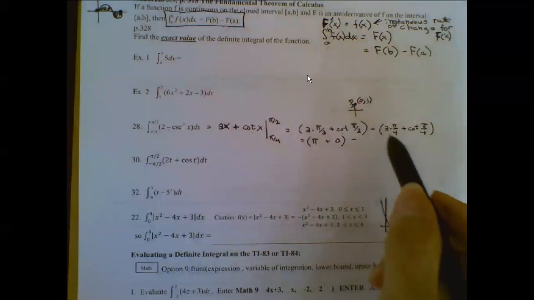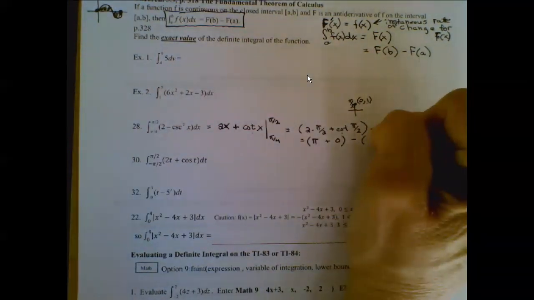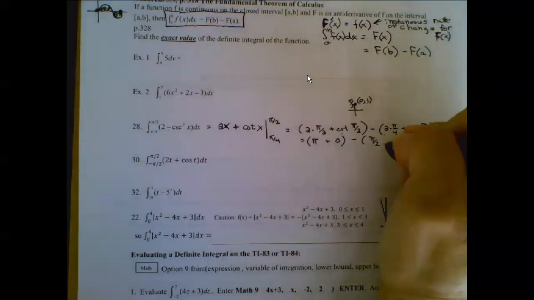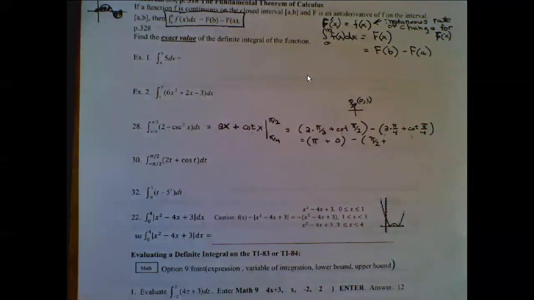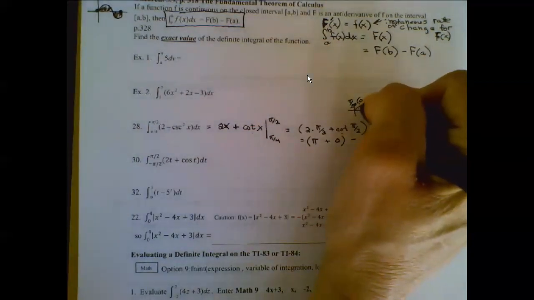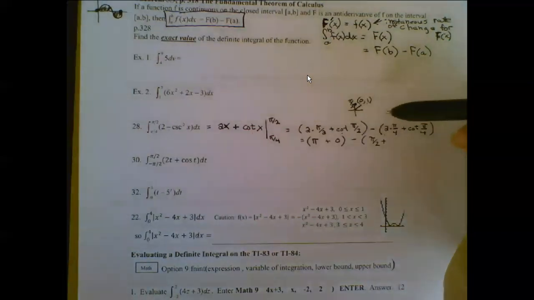Minus 2 times pi over 4, keeping up with my parentheses, is pi over 2. What is cotangent of pi over 4? 1. Yeah, pi over 4 is that first quadrant angle where the x and the y are both square root of 2 over 2.